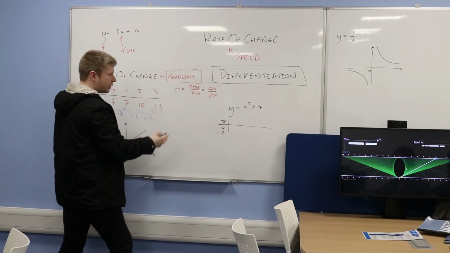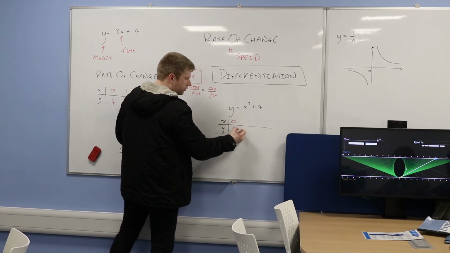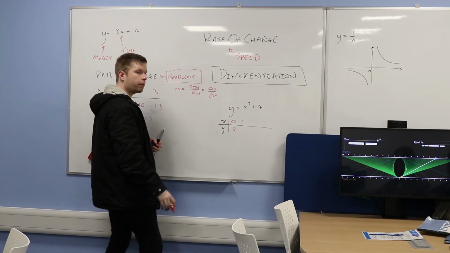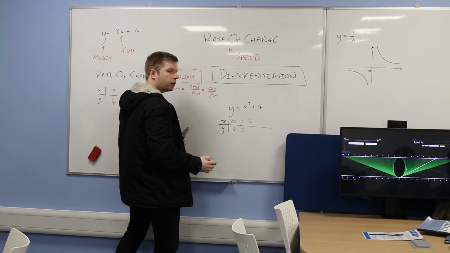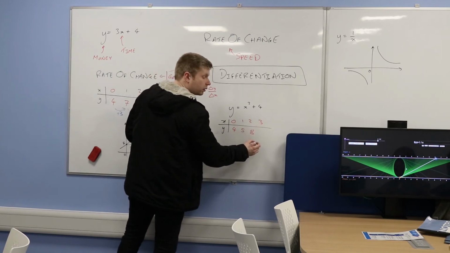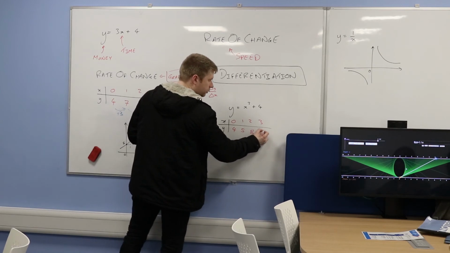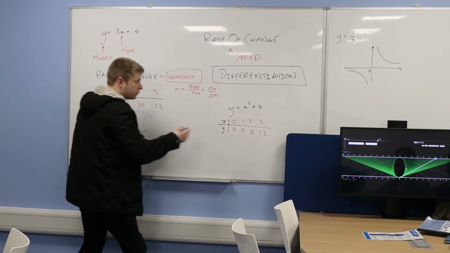Okay, so at time zero, how much money will I have in my bank account? £4. A month later, how much money will I have in my bank account? And then a month later? And then a month later? 13. Yeah? So now I'm no longer changing by the same amount. Have a look.